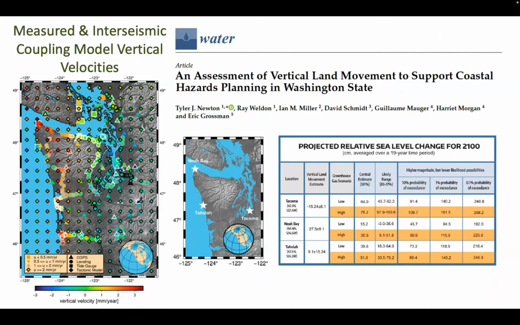And I'll show you an example of one of the outputs. The project's really been underway only a little over a year. This is the map here on the left.